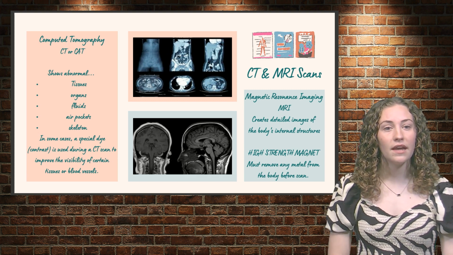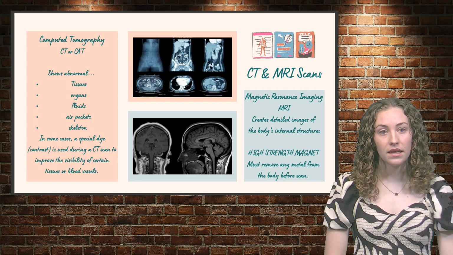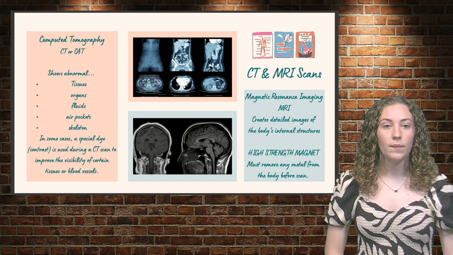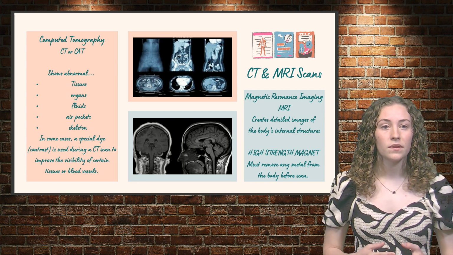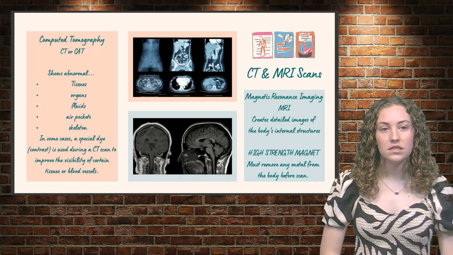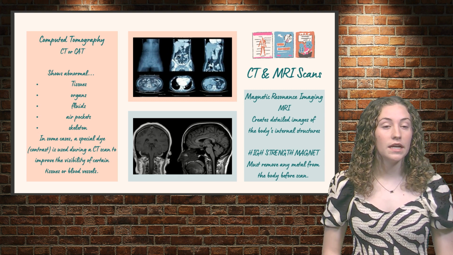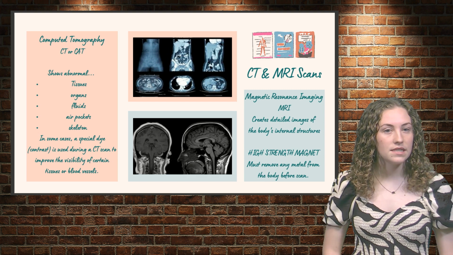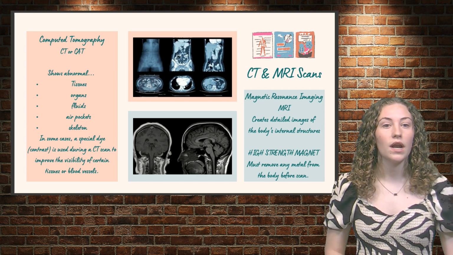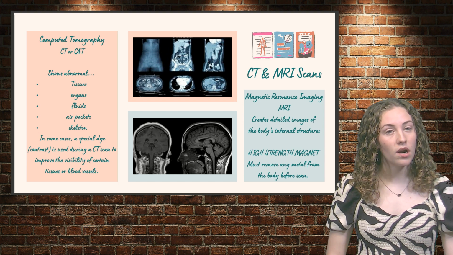So this is going to be a very high strength magnet that we use, and so if you have any internal metal, whether that be screws or plates or even any piercings, hearing devices, anything like that, if you can remove it, then you are able to go ahead and do an MRI.